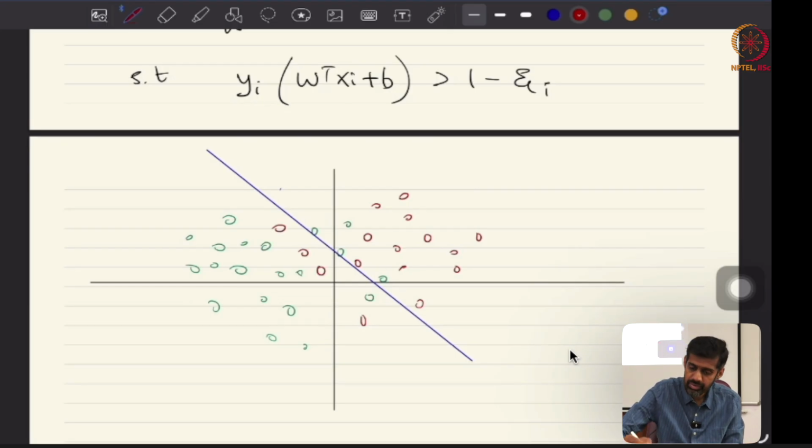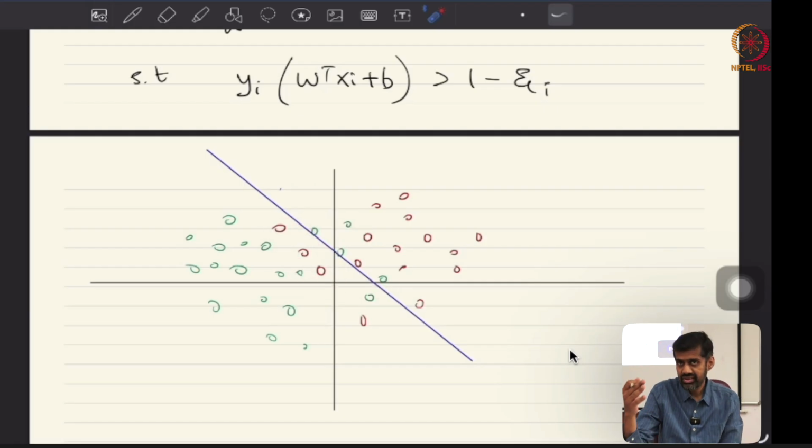This is the decision boundary. So now this is making mistakes on these data points. For every mistake that it makes, these are the data points for which yi times w transpose xi plus b is not greater than 1. Do you agree? It is some value, but it is not greater than 1. So what is that difference? I am encoding that difference in this new variable called xi.